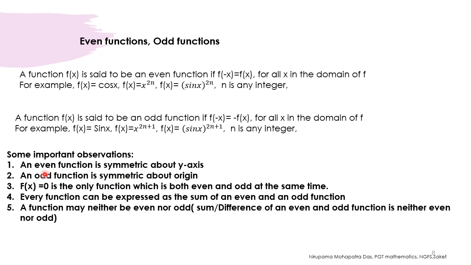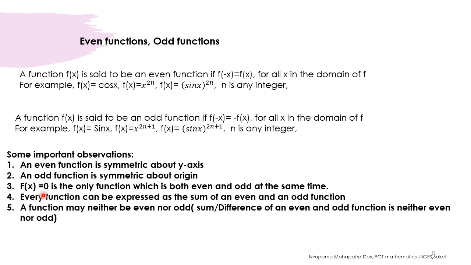So that's why it is symmetric about the y-axis. And for an odd function, as you have just seen, f(x) = x cube is symmetric about the origin. You have seen the graph of sin x also, right? So the graph of an odd function is always symmetric about the origin.